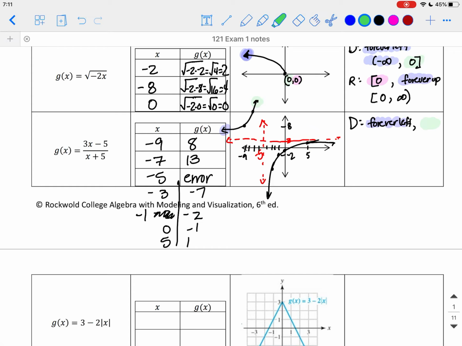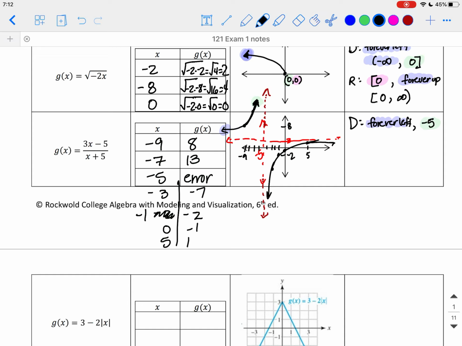And maybe I should accentuate this a little bit more. This vertical asymptote, excuse me, this part of the graph is trying to get really, really close to it, but it'll never touch it. So it's trying to get close to -5.